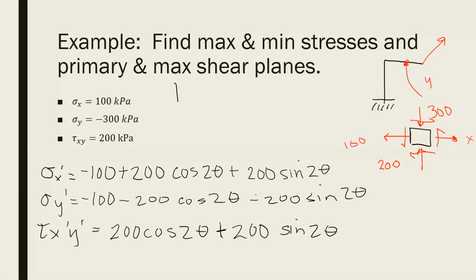So just for fun, I'm going to plot these. If we look at sigma x, make that one the green. So if we look at sigma x prime, at a value of theta equals 0, so this is theta, it equals 100, right? Let's put 90, 180.